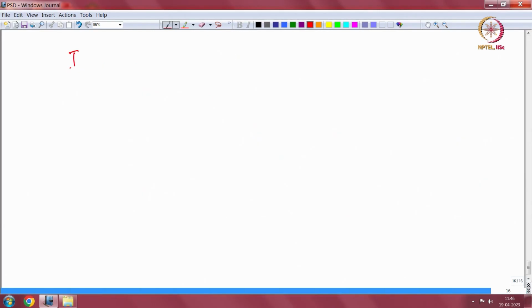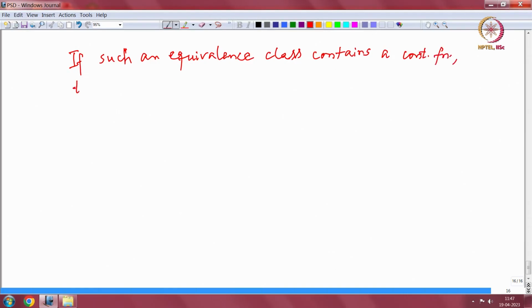Such an equivalence class may not contain a continuous function at all, but in case it contains a continuous function, then there is only one such continuous function.